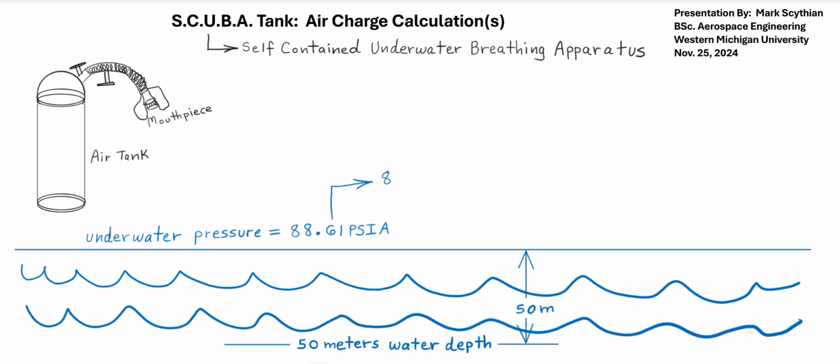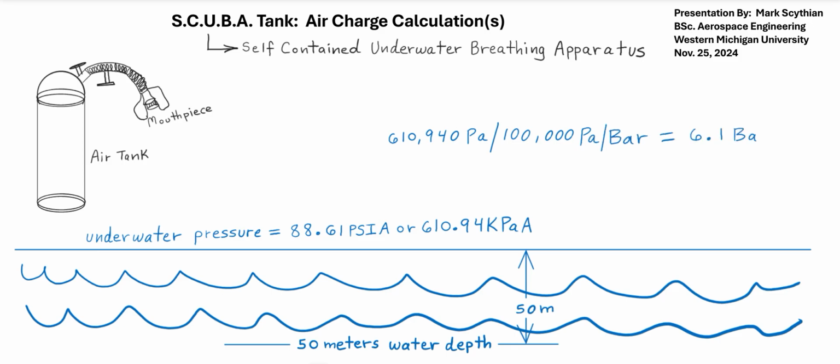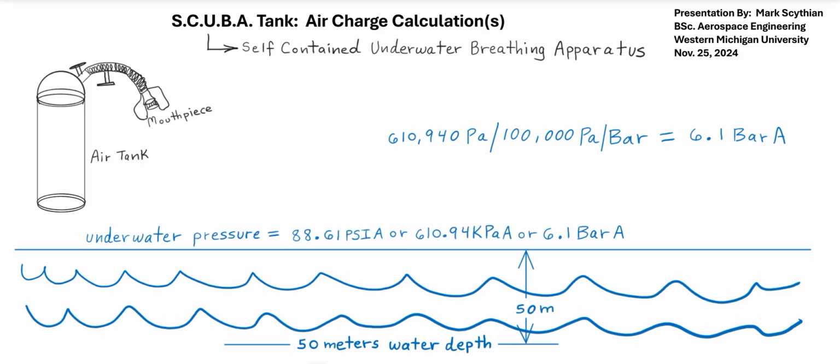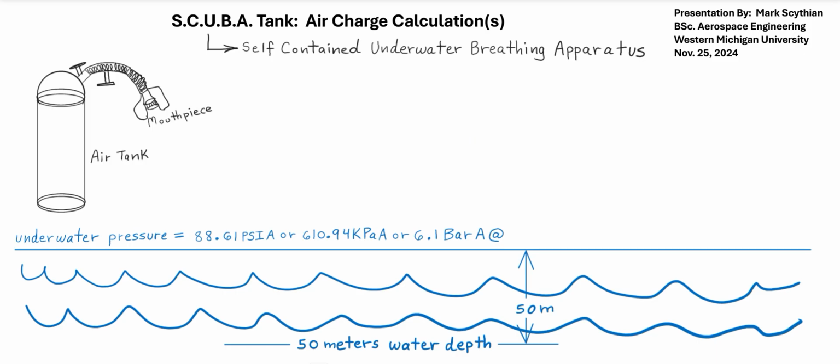So we calculate 88.6 psi absolute water pressure at 50 meters depth, and so that is also equal to 610.94 kilopascals, or 6.1 bar absolute pressure, 50 meter depth water pressure.